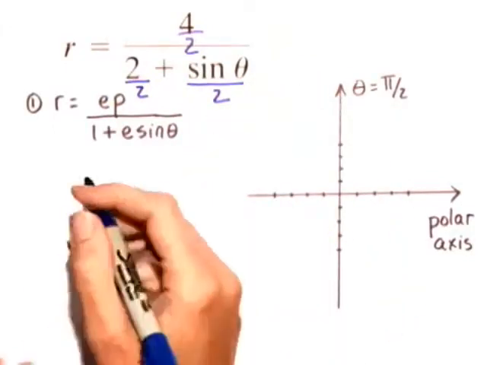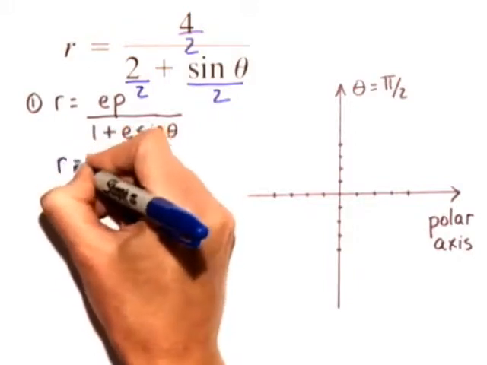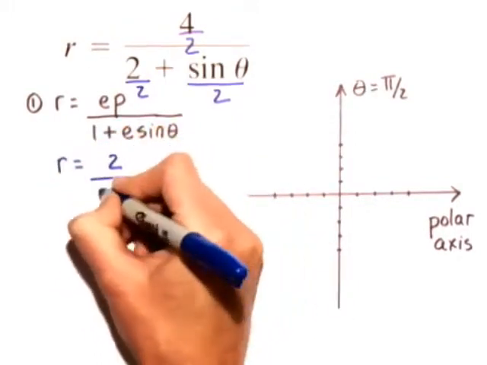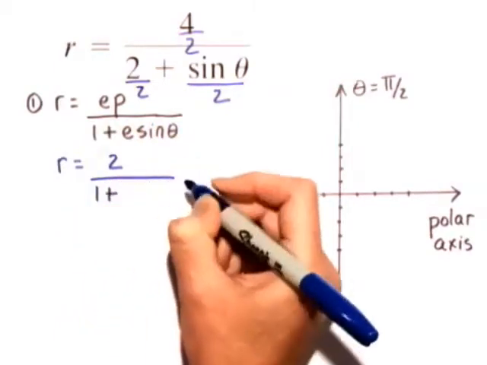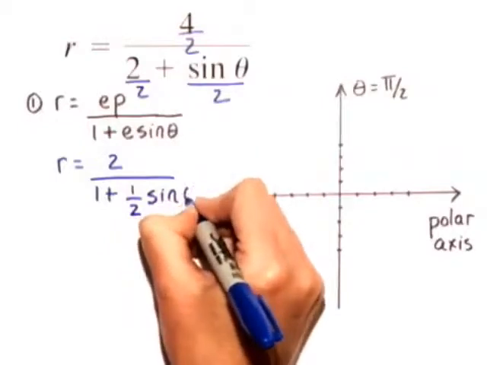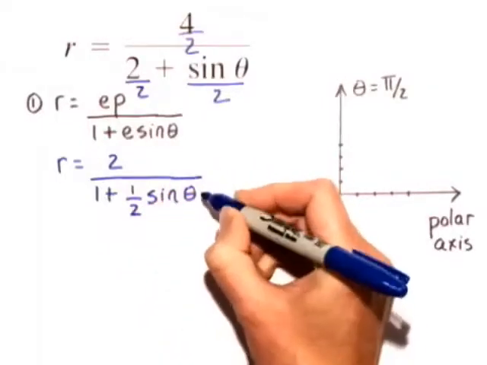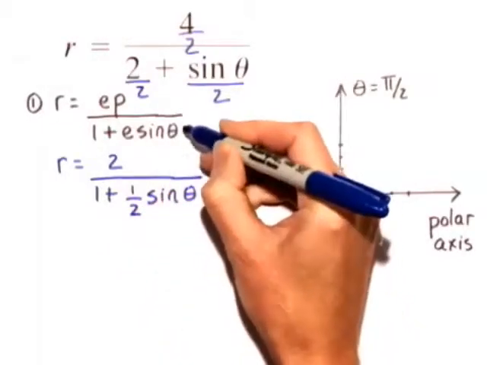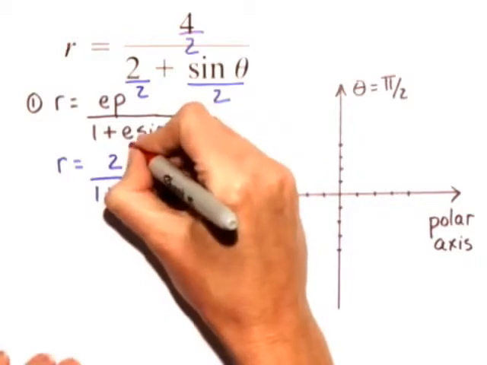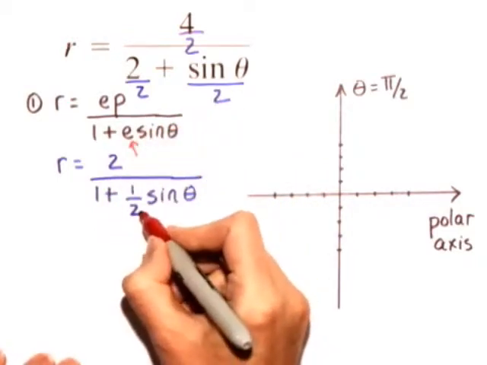Now I can write it in standard form. It becomes r is equal to, in the numerator we just have 2, in the denominator we have 1 plus 1/2 sine theta. Now let's compare this equation to the standard form, and we can see that our e right here is equal to 1/2.